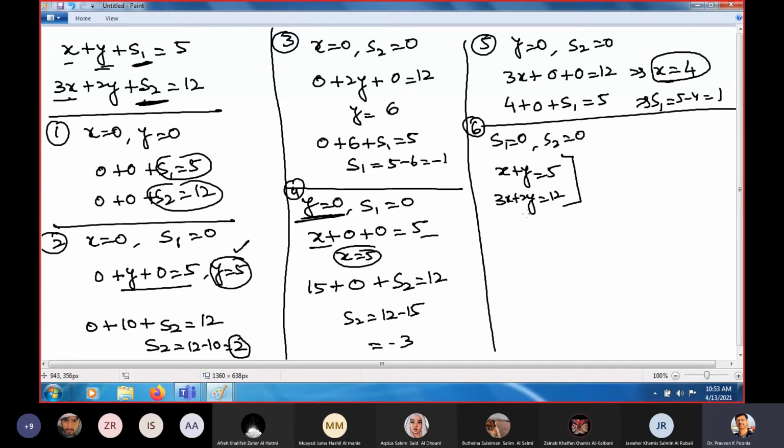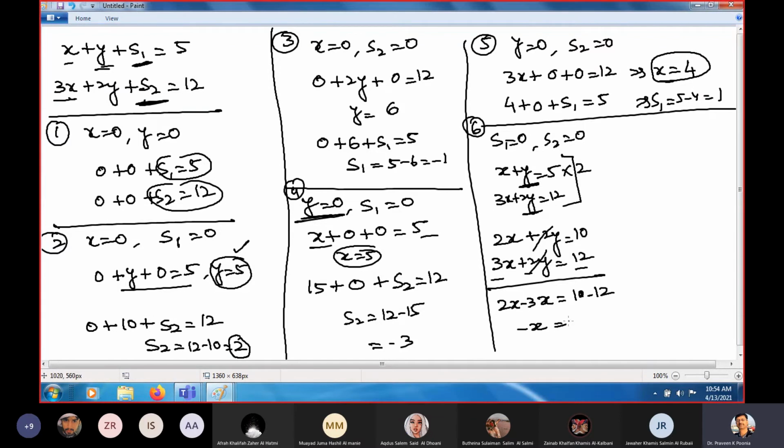So how can you solve? Here is 2y, make 2y here. So multiply by 2. 2 into x, 2 into y, 2 into 5. And what is the next equation? 3x plus 2y is equal to 12. Subtract. So what we are getting? 2x minus 3x is equal to 10 minus 12.